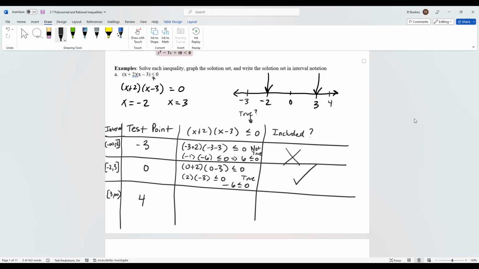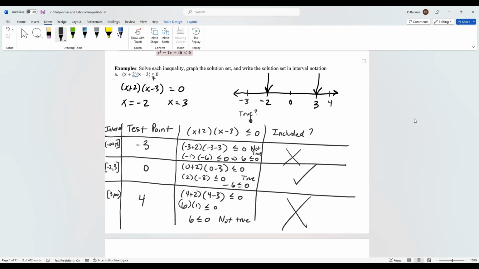The last one was 4. So I'm going to plug that in. 4 plus 2, 4 minus 3, less than or equal to 0. 4 plus 2 is 6. 4 minus 3 is 1. We get 6 again, which is not true. And therefore, we do not include this section.